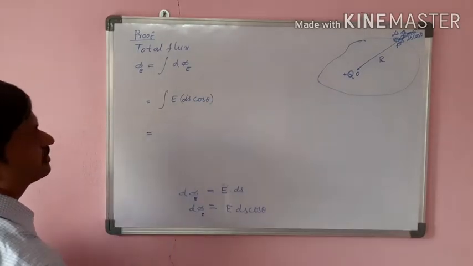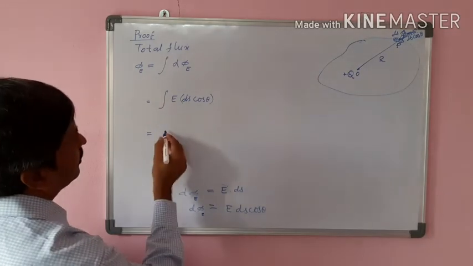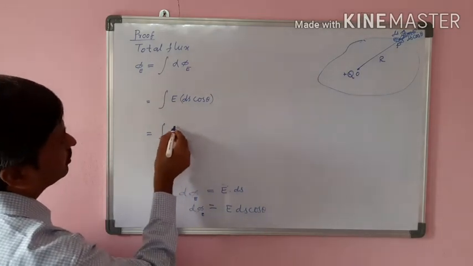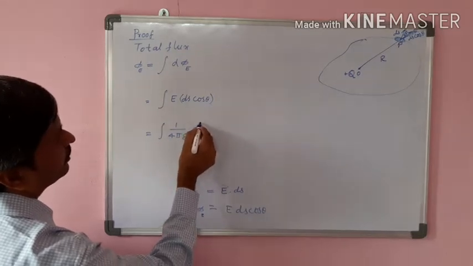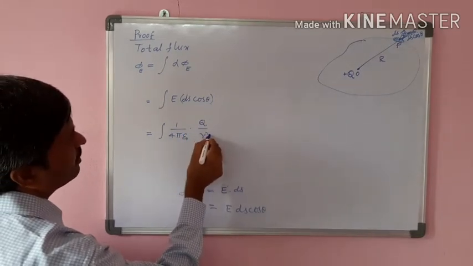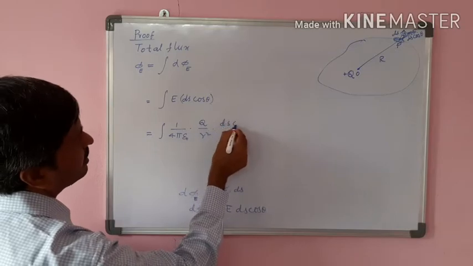Now that is equal to, E value 1 by 4 pi epsilon naught into q by r square into ds cos theta.